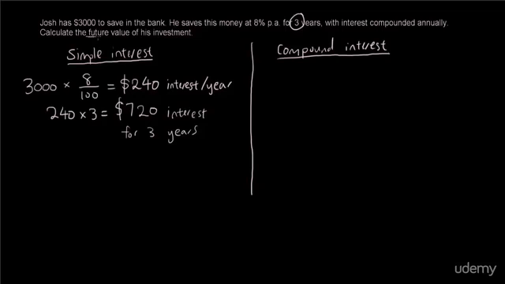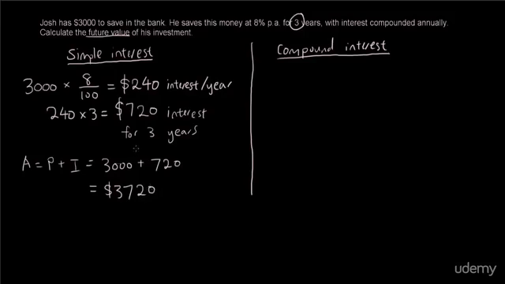And the future value of his investment, so the final amount he will receive at the end, is the principal plus the interest, which is 3,000 plus 720, which is 3,720.